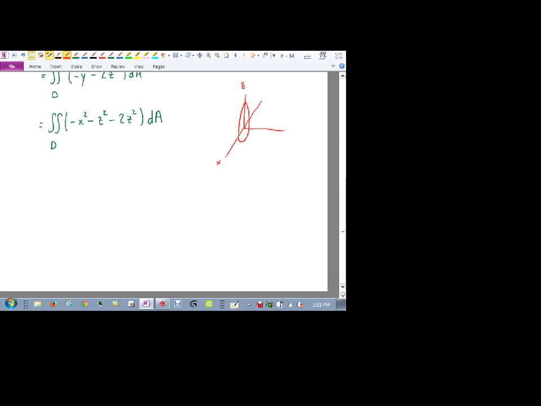It's just a unit circle. So here are the parameters that will change. We'll let our x be equal to r cosine theta. We'll let our z be equal to r sine theta. We'll let our r vary between 0 and 1. We'll let our theta go between 0 and 2 pi.